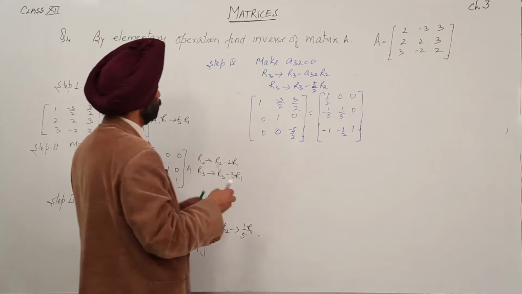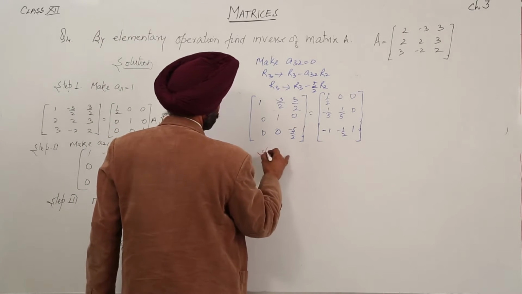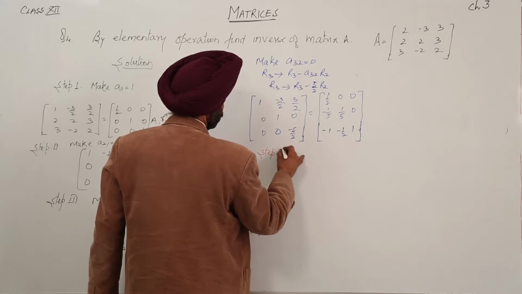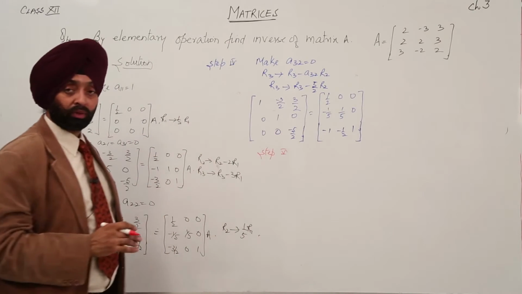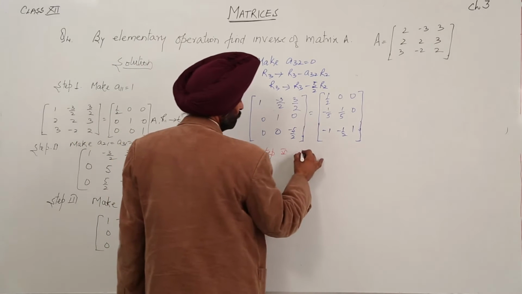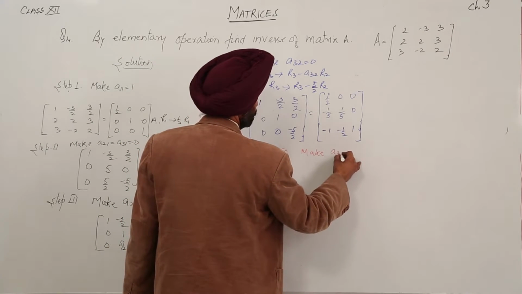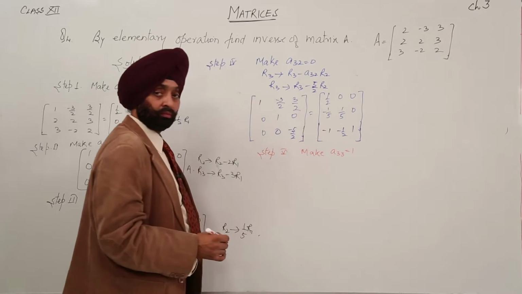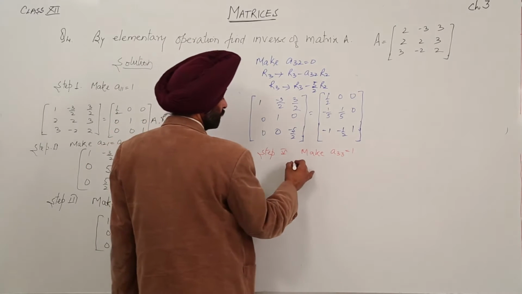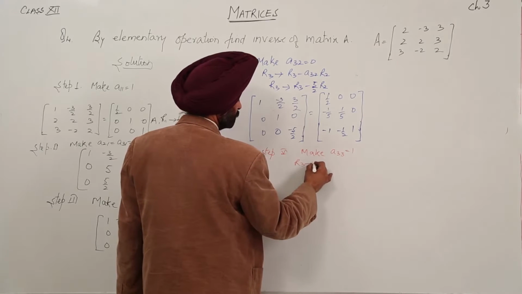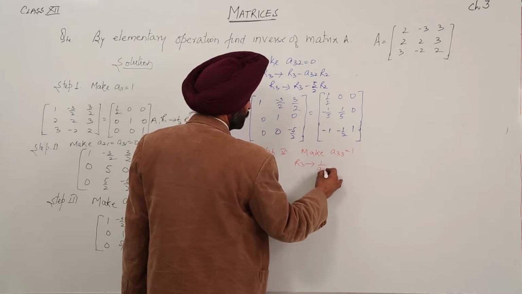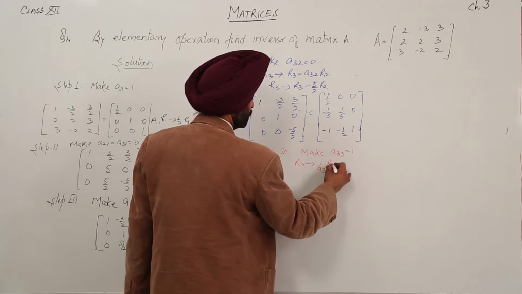Now let's start with step 5. In step 5 what we are doing, we have to make A33 equal to 1. Easy step. What was it? R3 approaches 1 upon A33 R3.